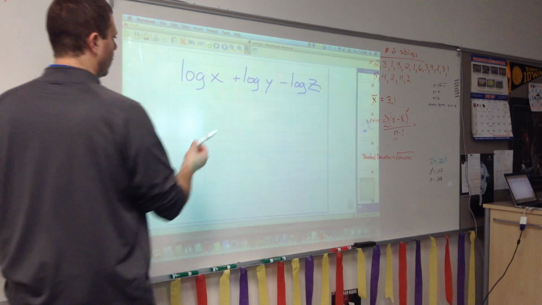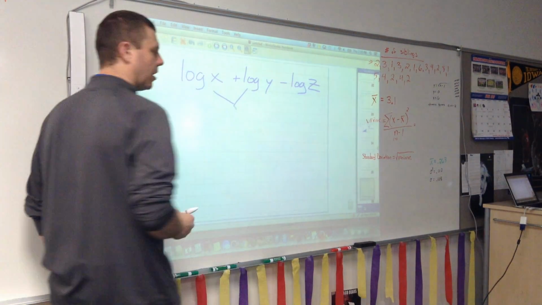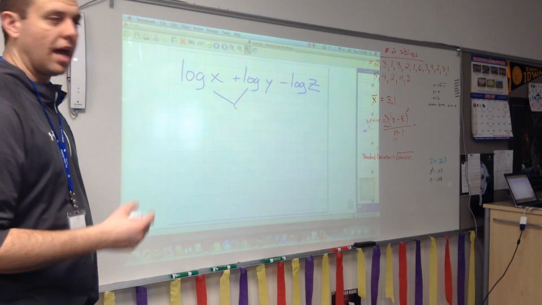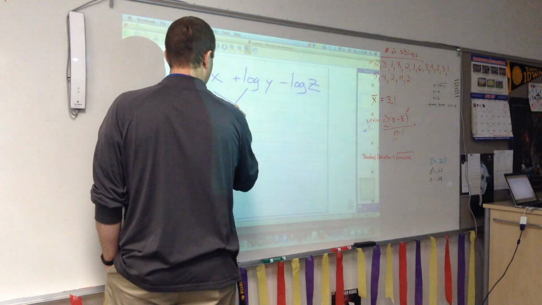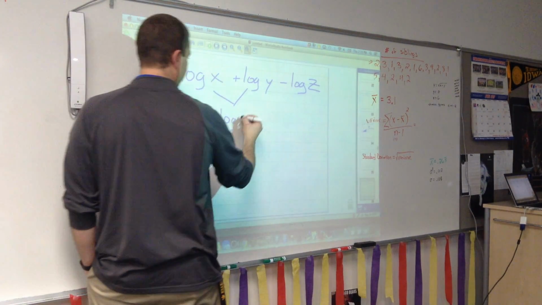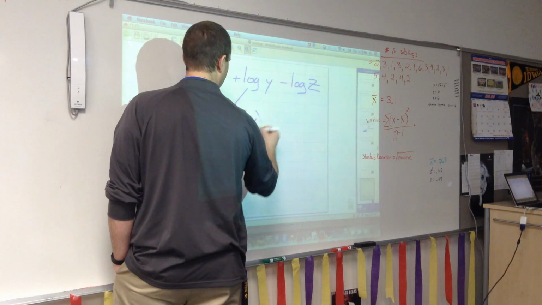Well, the first thing I would probably do is I'd start with these two logarithms, and I'd combine them or condense them down to the log of what? X times y, or xy.